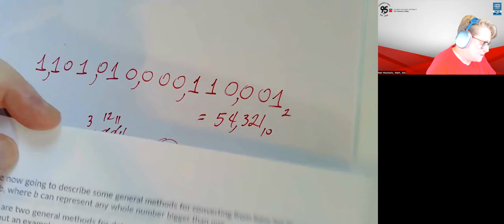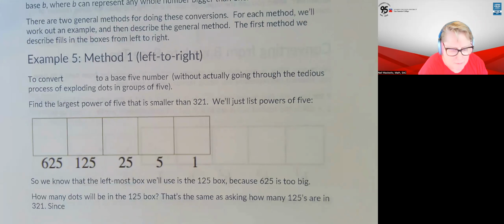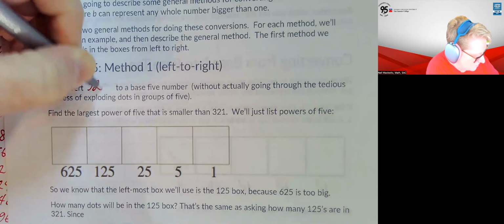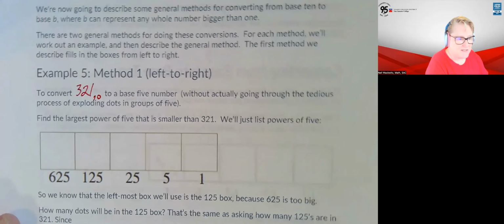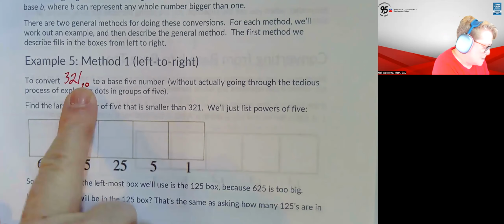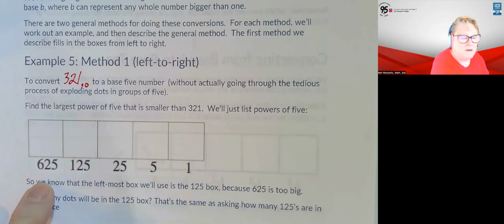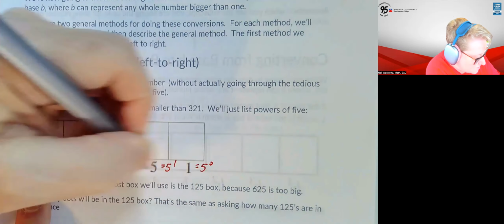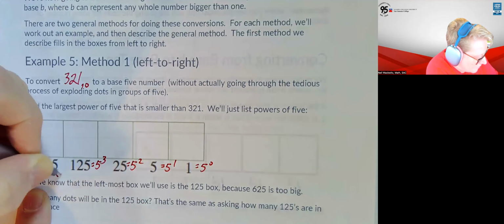So let's look at some examples. So we're converting 321 base 10 to a base 5 number. Well, let's see. I got as big as I needed to get to be bigger than 321. So we've got 5 to the 0, 5 to the first, 5 squared, 5 cubed, 5 to the fourth.